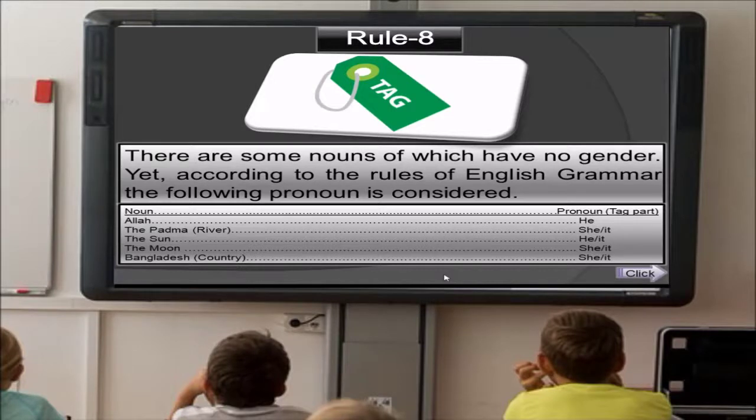The Padma, a river, its pronoun will be she or it. The sun, its pronoun will be he or it. The moon, its pronoun will be she or it. Bangladesh, this is a country. It's a loving country also, and its pronoun will be she or it.